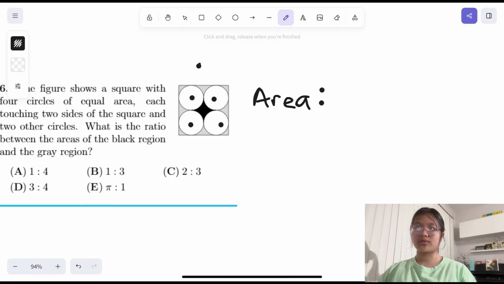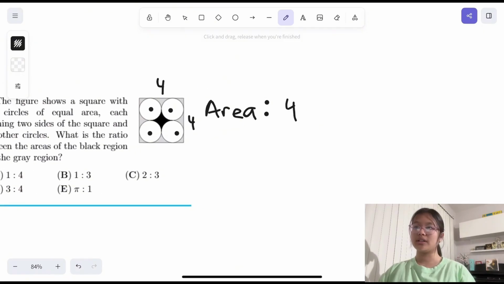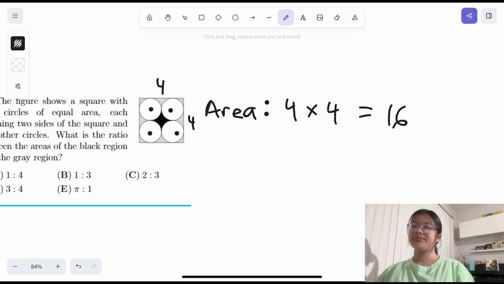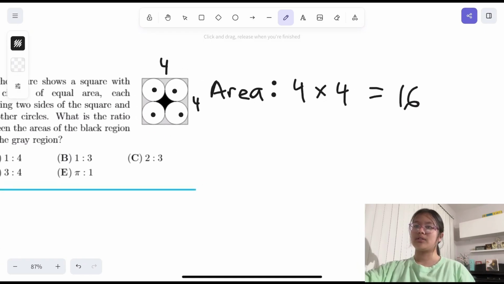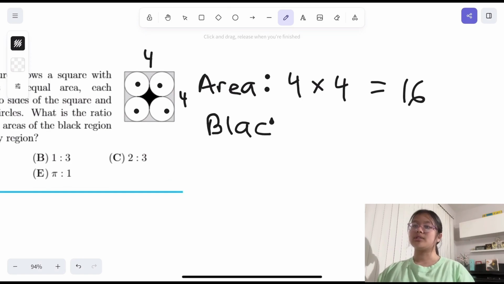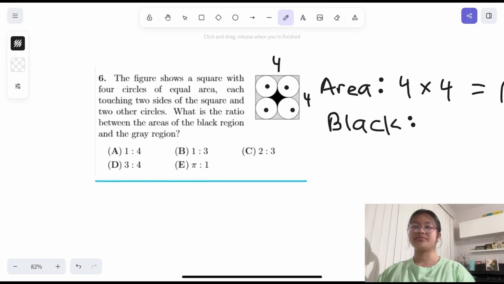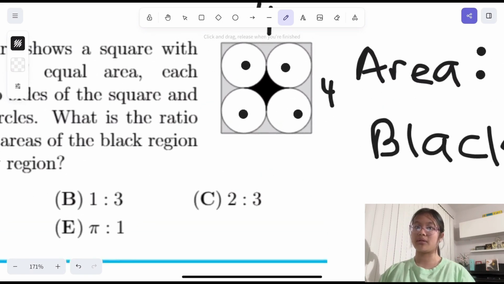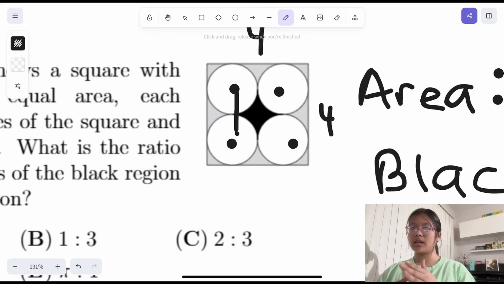So it's 4 times 4, since that's how I find the area of a square. So 4 times 4 is 16. So knowing that, now we are able to calculate the black area. So since there are 4 circles and assuming that black area is box, it would be 1/4 of the whole square.